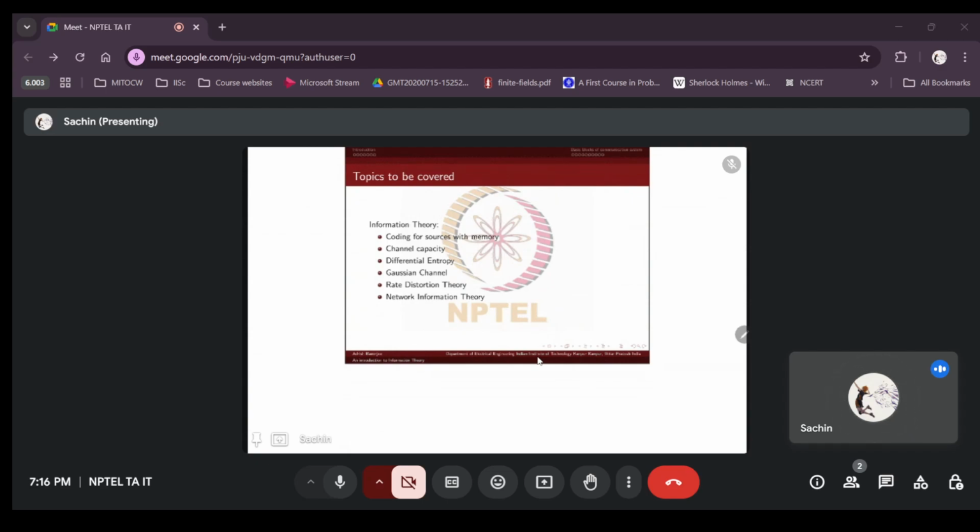theory. The second major problem that we deal with in information theory is the capacity of a channel, and this is more on the communication side. You could say the coding is more on the channel part of the coding.